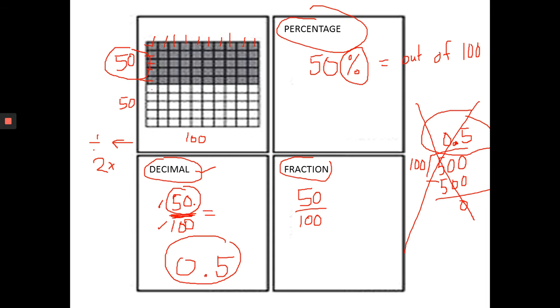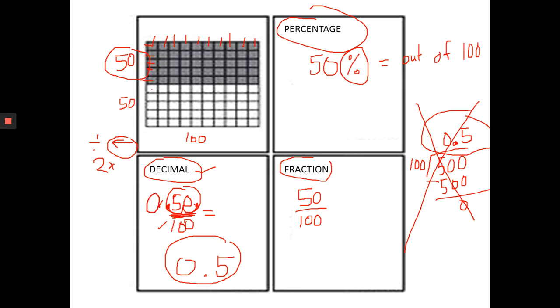You cannot see it. That decimal point will only come out if there is a decimal number. If there is no decimal number, the decimal point will just hide there after the whole number. So after the whole number, there is an imaginary decimal point. You move that to the left 2 times. So 1, 2. So that's the decimal point now.